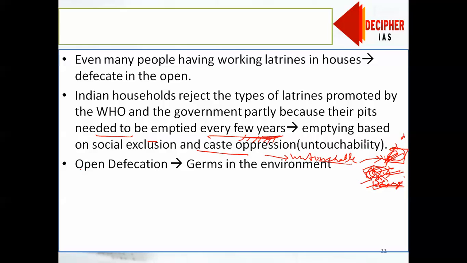Now, what other environmental or health effects does open defecation cause? Obviously, when defecation is in the open, flies will spread diseases. Rainfall will lead to dissolution of the feces into the water, and this water enters the fields and the rivers and pollutes them.